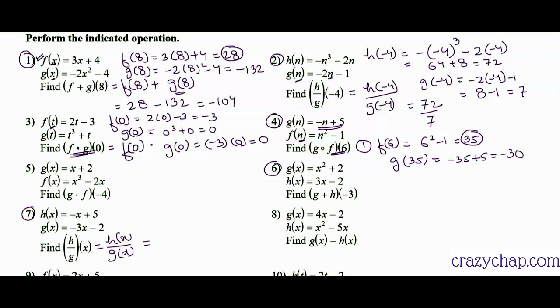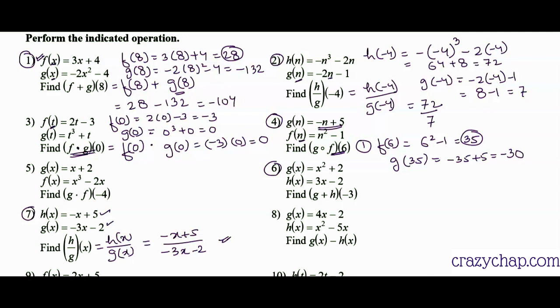We don't have to plug in any number in place of x, right? So the h(x) value is negative x plus 5 over negative 3x minus 2. We have simply to plug in these values because we have these numbers. Okay, so that's my answer, right?